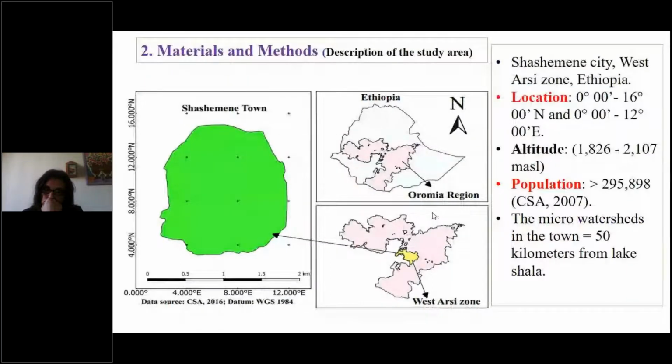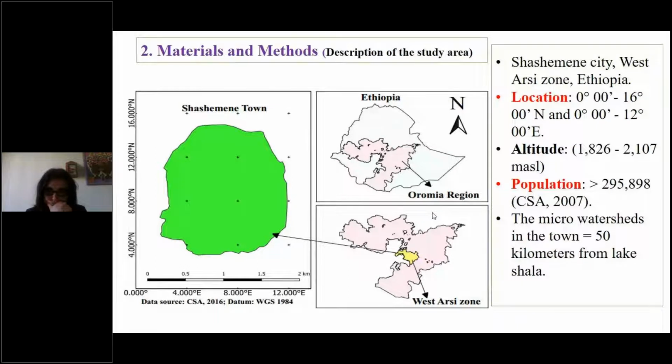As you can see from the slide, the research was conducted in Shashamane city. The altitude of the area ranges from 1,826 up to 2,100 meters, and more than 295,000 people currently live in Shashamane city.